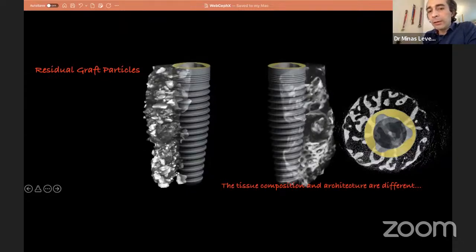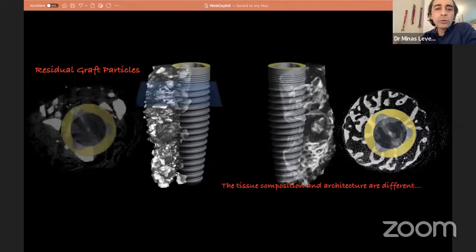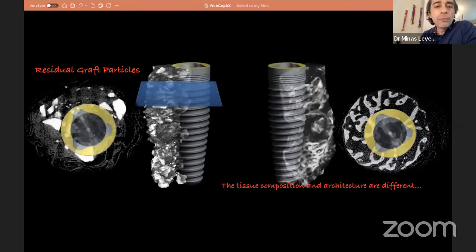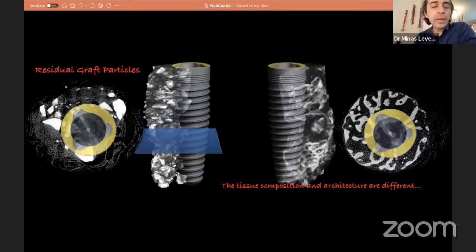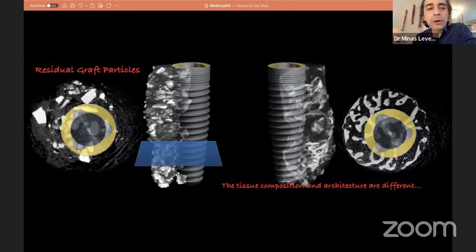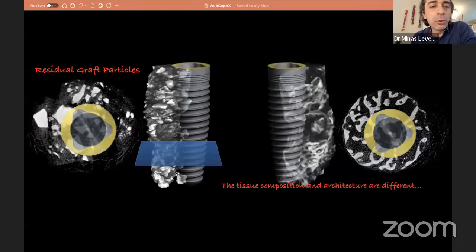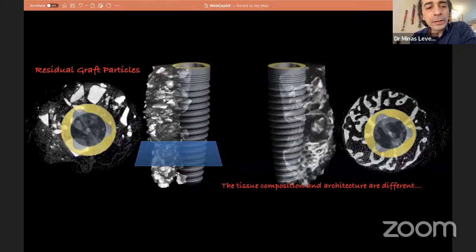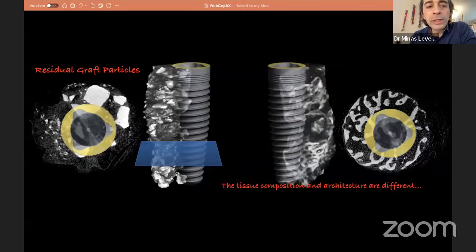So in 3D, radiologically, the new hard tissue, when we use xenografts, looks like that because it has too much bovine xenograft. Now, if we scan it in 3D, you can see that the whole volume of the bone of the reconstructed hard tissue is totally different.